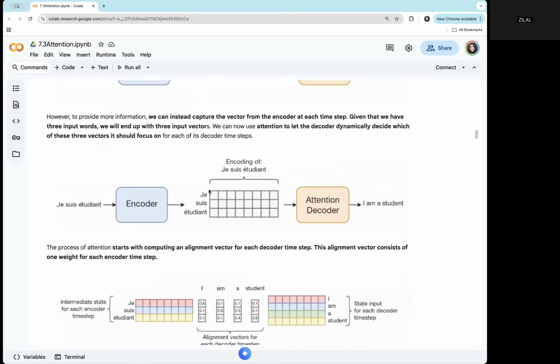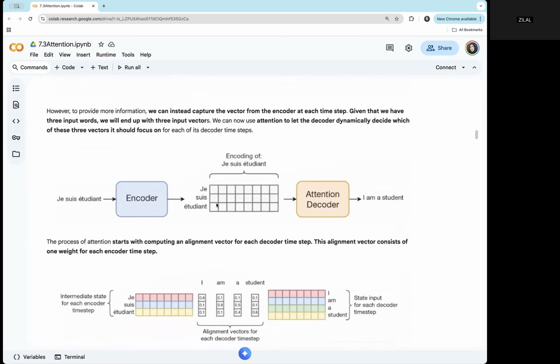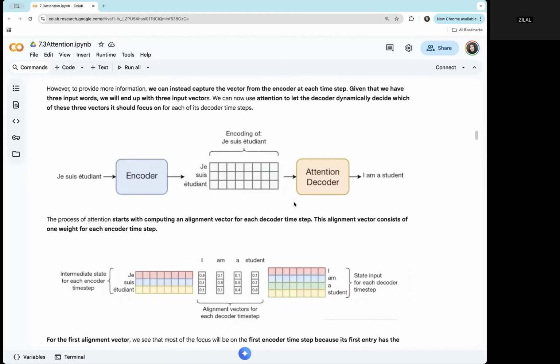Given that we have 3 input words, we will end up with 3 input vectors. We can now use attention to let the decoder dynamically decide which of these 3 vectors it should focus on for each of its decoder time steps.